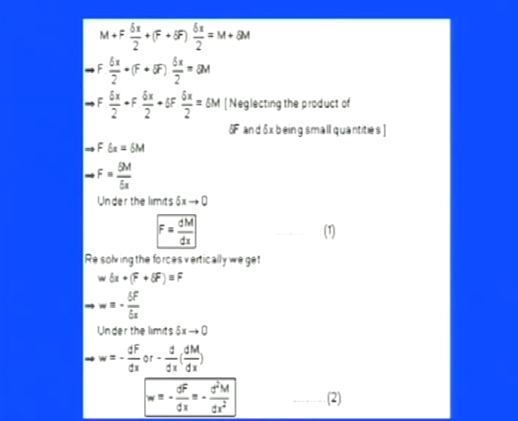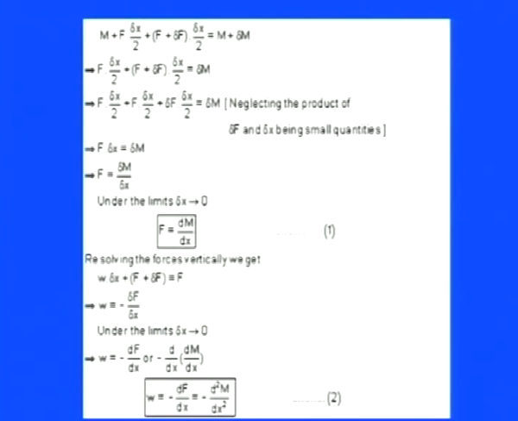So if you just remind yourself from this equation 1, we have a cantilever beam, and on this beam the forces are applied from the top side and from the bottom side. So wherever the change of moment is there with respect to x, it always gives you the shearing action, and the force coming out due to the shearing action is F. So F is nothing but dM by dx, and it is a very good relation between the bending moment and the shear force.